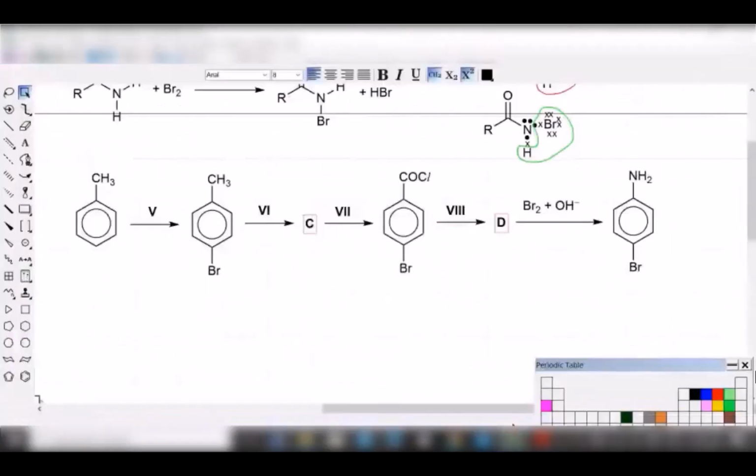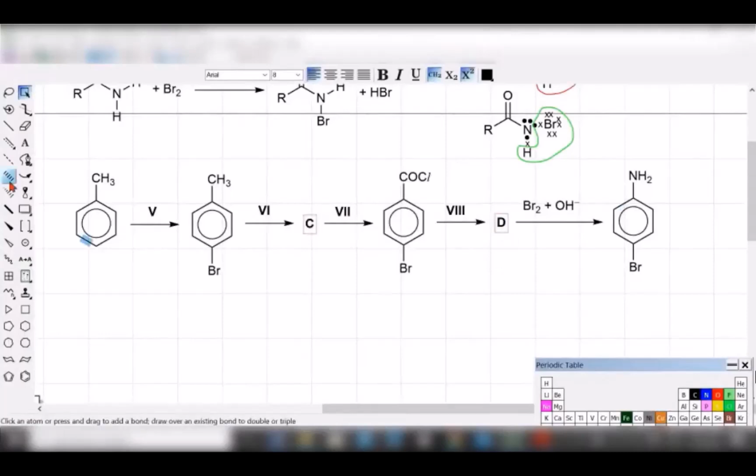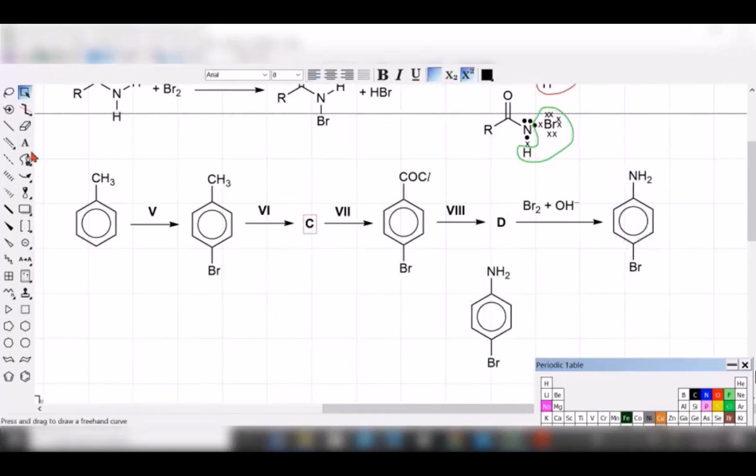So in that case, you can easily tell me what your last compound is, I hope. It should be the amides, right? So I'm going to draw the amides. So your D is actually amide.